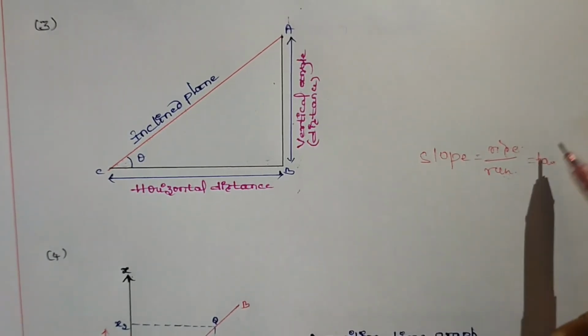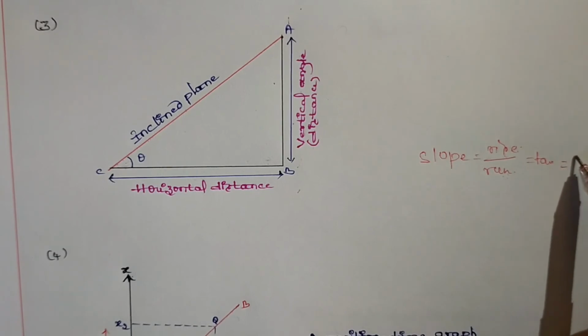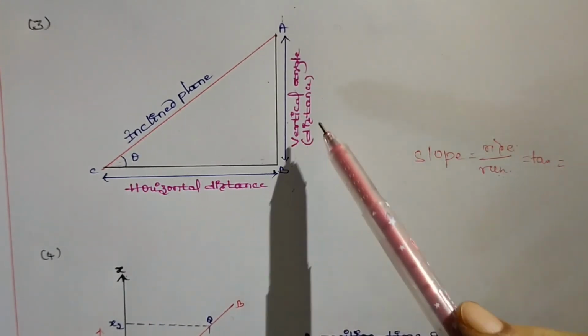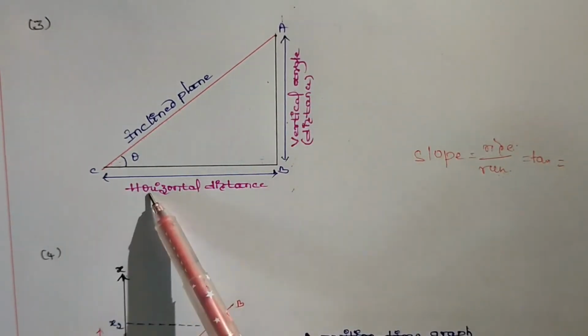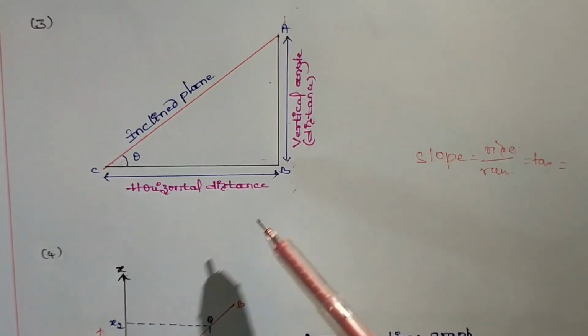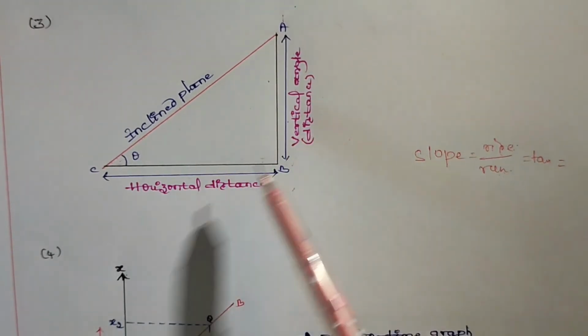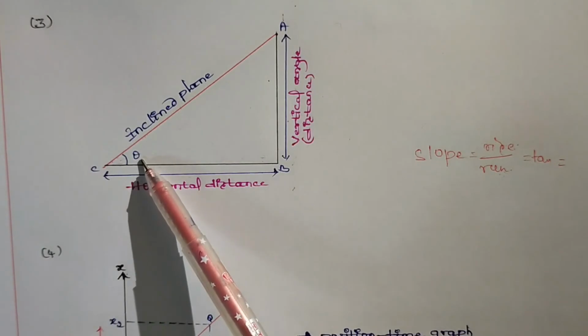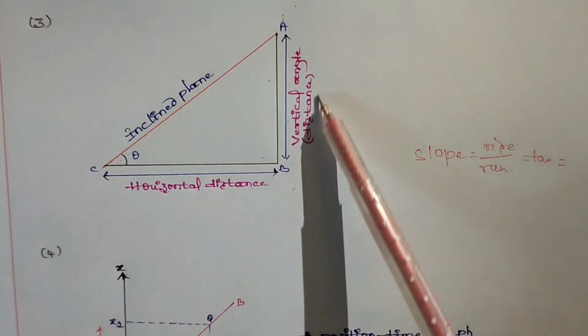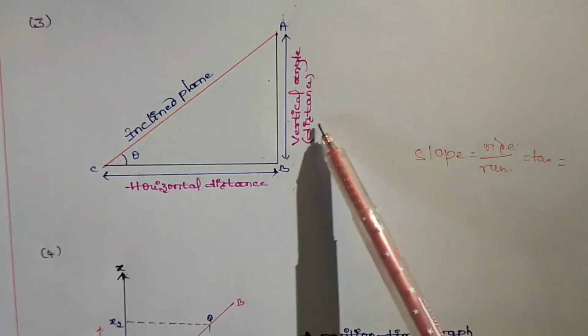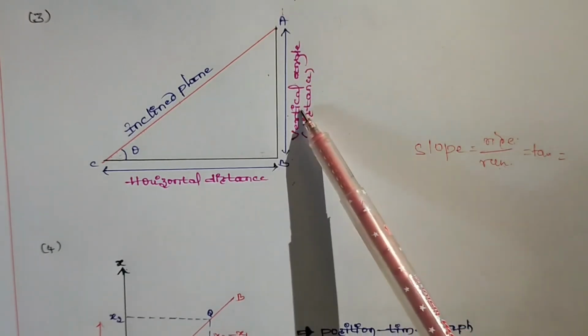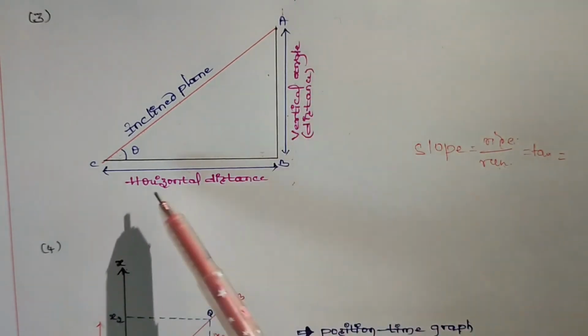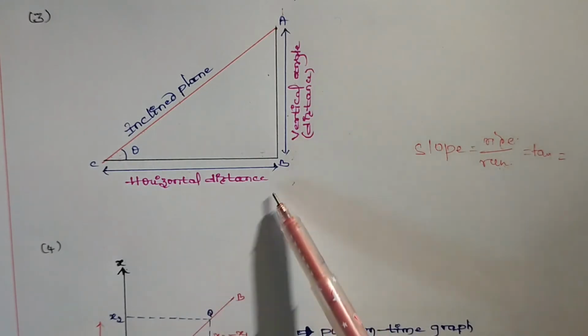In trigonometry, tan theta is the length of the opposite side by the length of the adjacent side. The opposite side is the side opposite to the angle. So tan theta is the length of the vertical distance by the length of the horizontal distance.